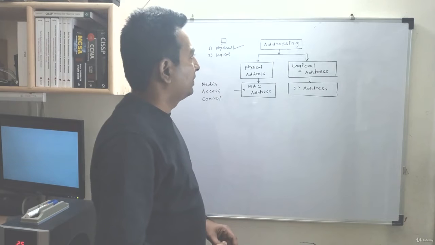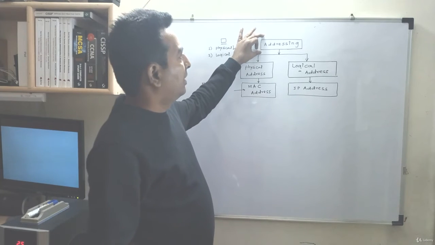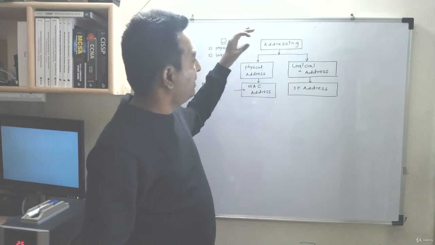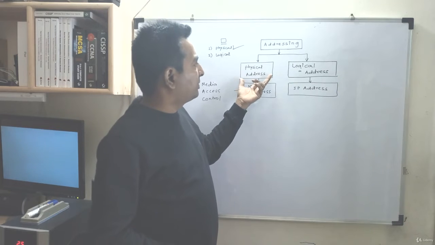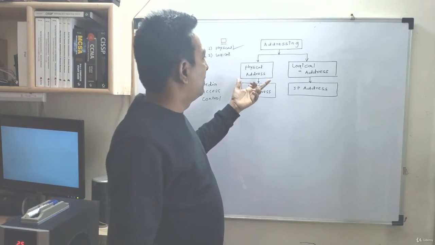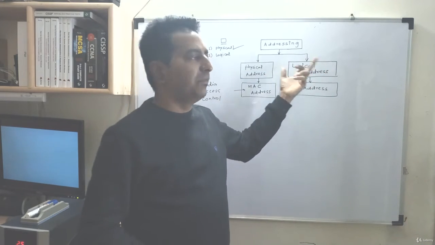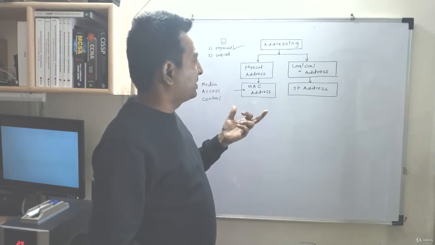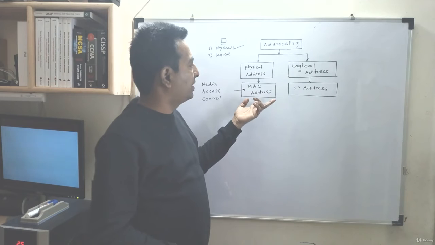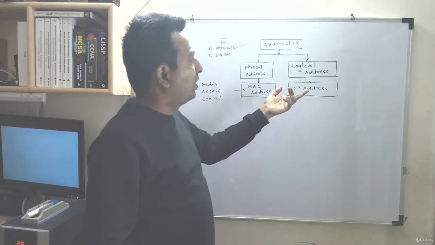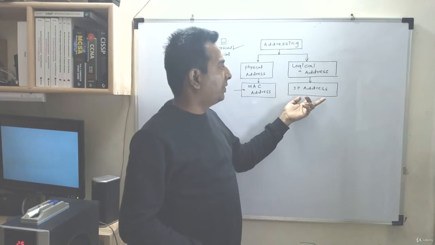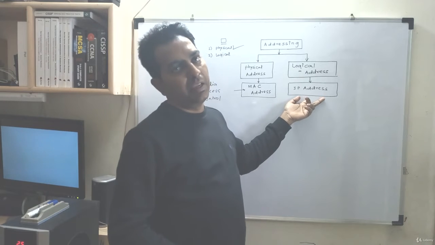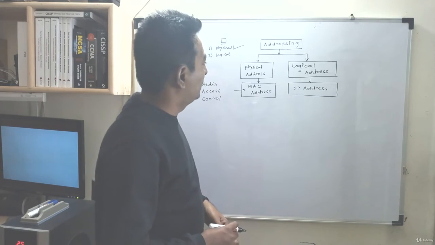When we talk about addressing, there are two types available. First is physical addressing, second is logical addressing. The physical address assigned to any computer is known as MAC address. The logical address assigned to the computer is known as the IP address.